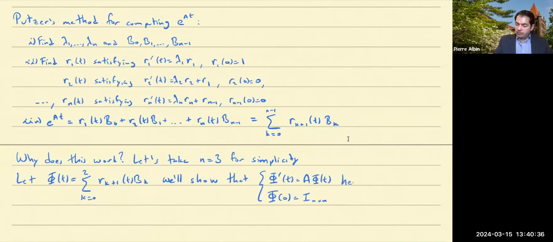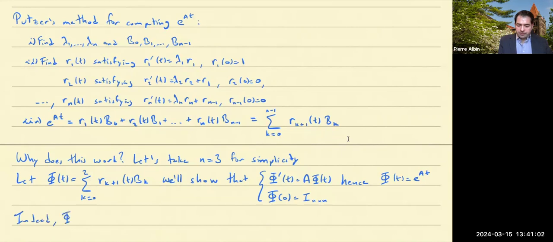And hence, because this means that it is the fundamental solution matrix for the equation dv/dt equals Av with initial condition equal to identity at t equal to 0, that will show that it is indeed the exponential. Okay, so how do we show this?